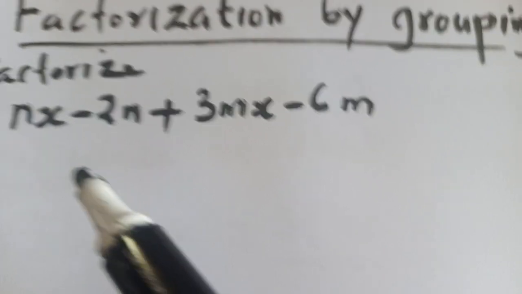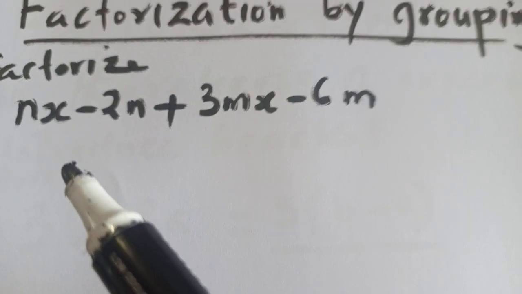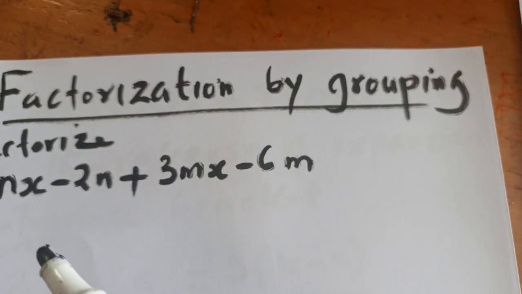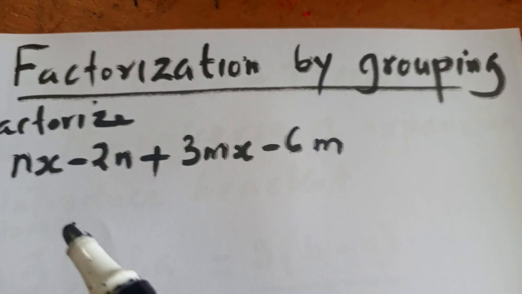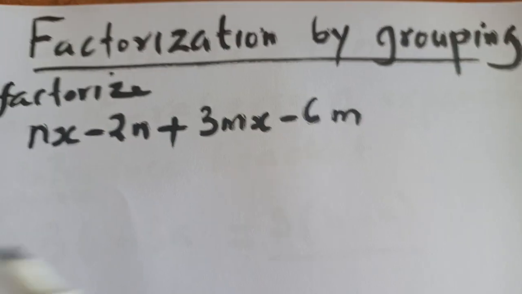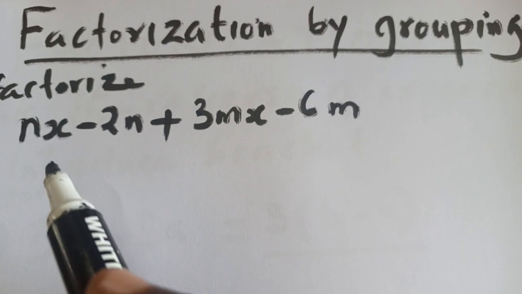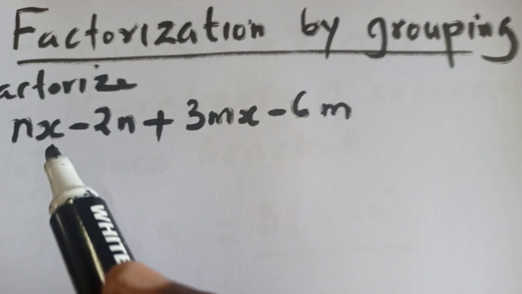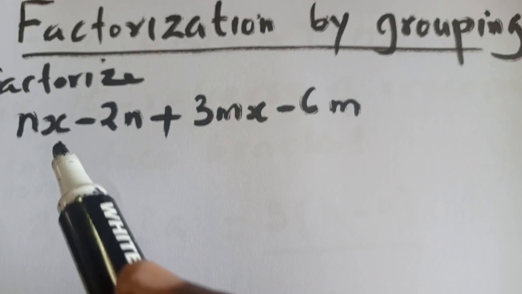So it is still possible to factorize, but now by another method, and that is what we want to look at here, what we refer to as factorization by grouping. So what does this mean? As the name suggests, we have to first of all group the terms. And how do we group here?